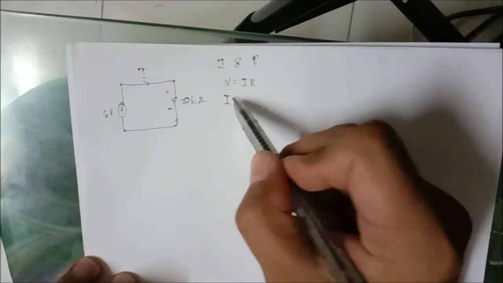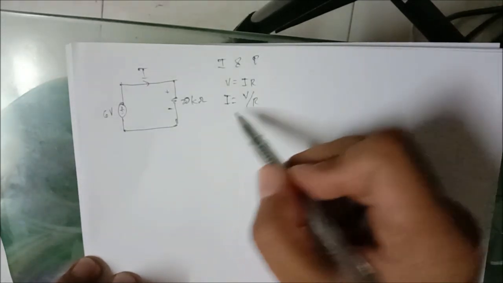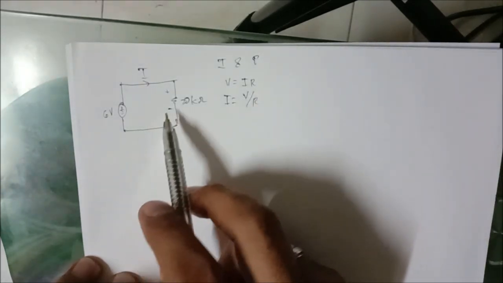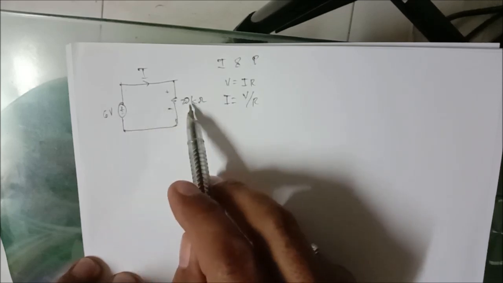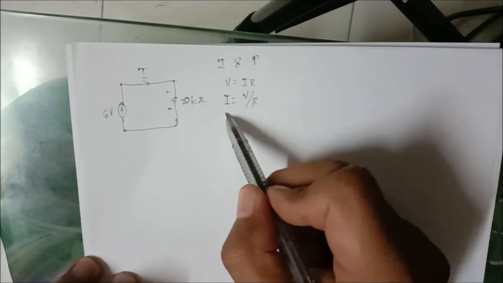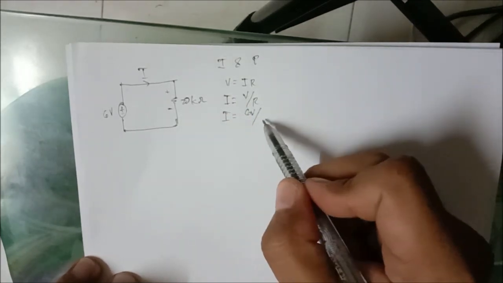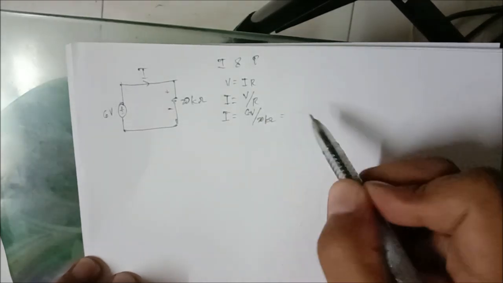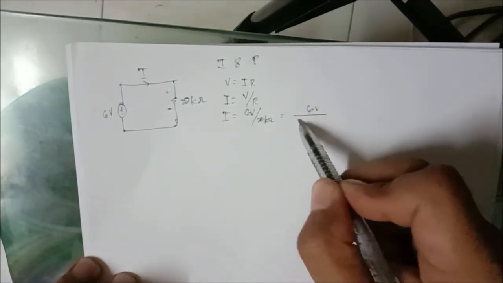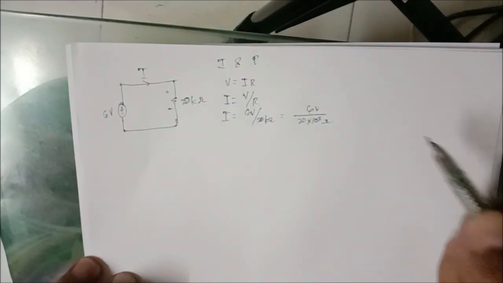So I equal to V over R. Substituting the values, voltage is equal to 6 volts and R is equal to 20 kilo ohms. I is equal to 6 volts over 20 kilo ohms. This is equivalent to 6 volts over 20 times 10 raised to 3 ohms. Okay.